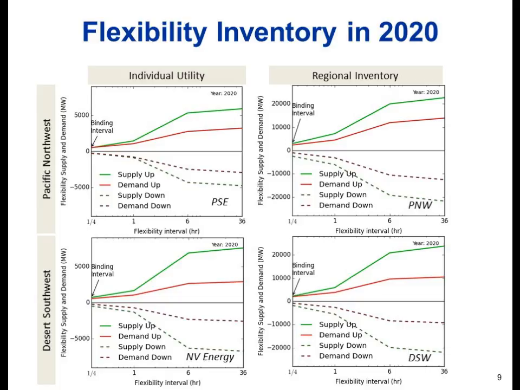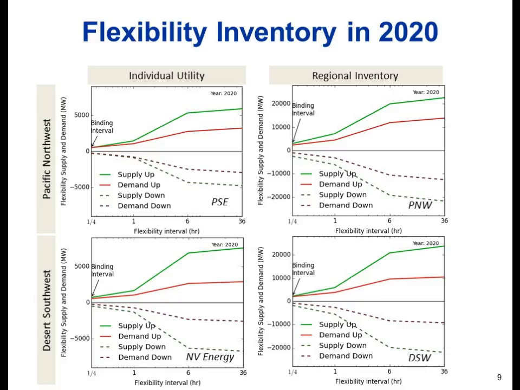We see that flexibility demand is much smaller for the short intervals, but on the other hand, the options for changing output of resources over that shorter time is also much smaller. As a result, we see that the ratio of flexibility supply to demand is actually smallest over this short time interval of 15 minutes.